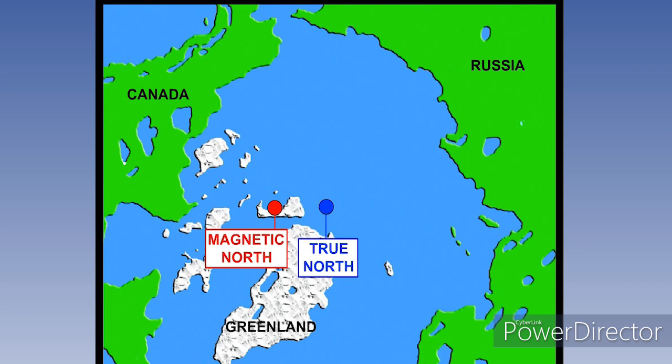This physical position is important because we need to be able to compensate for the fact that it is not coincidental with the Earth's geographic North Pole, referred to as true north. The difference between true north and magnetic north has an angular value. This angular value is referred to as variation.